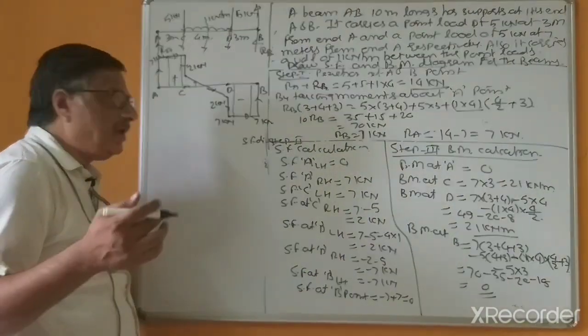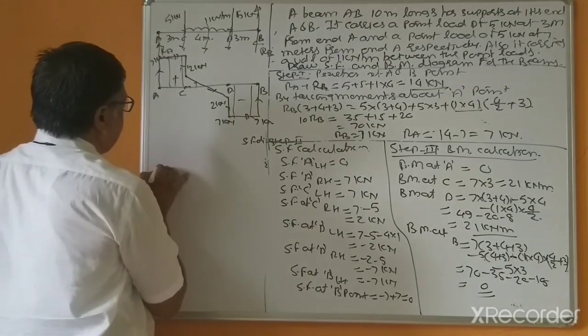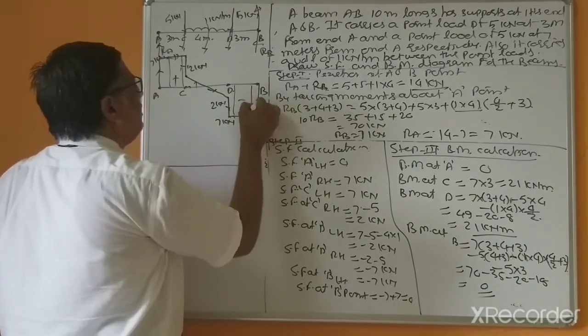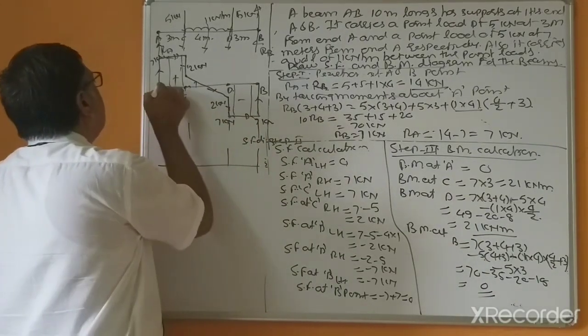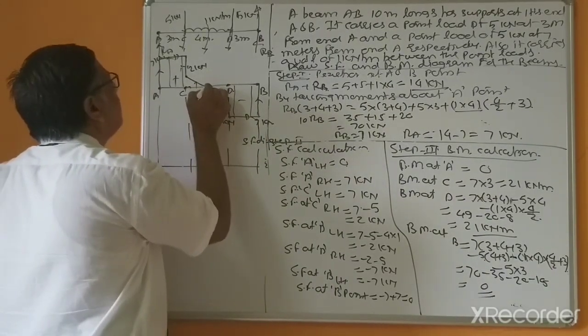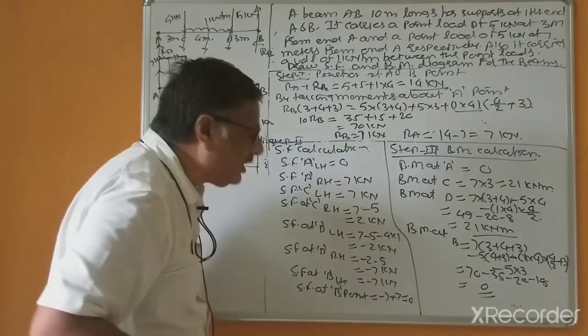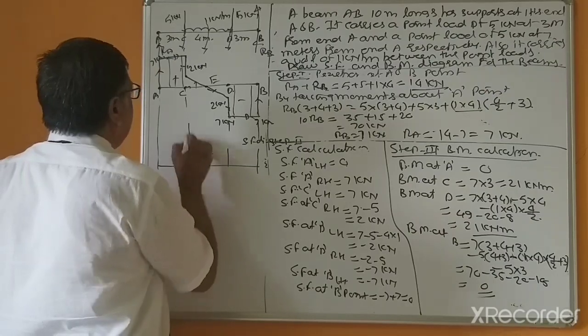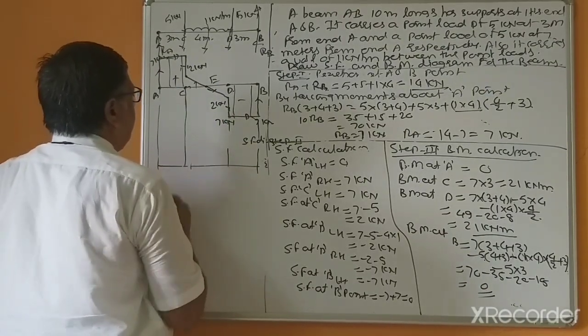After that we can calculate the maximum bending moment, where the shear force changes its sign. So exactly below the shear force diagram, mark this point as E point, because here you will get the maximum bending moment.